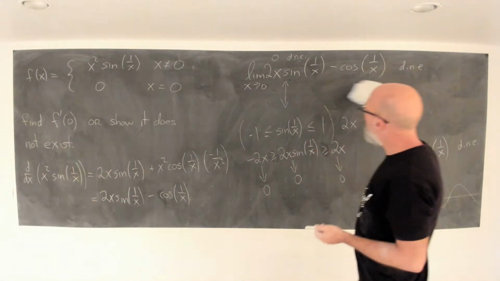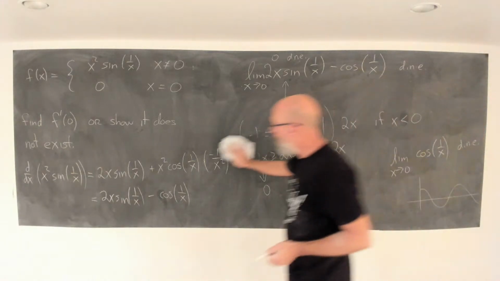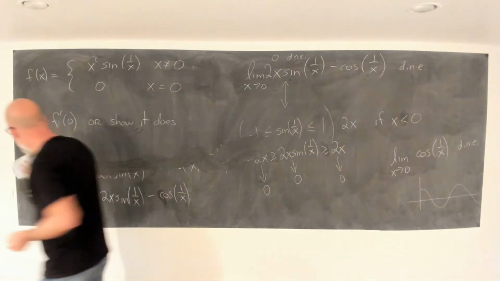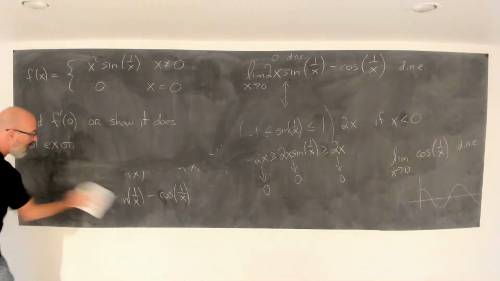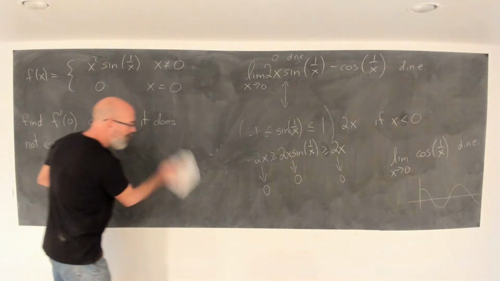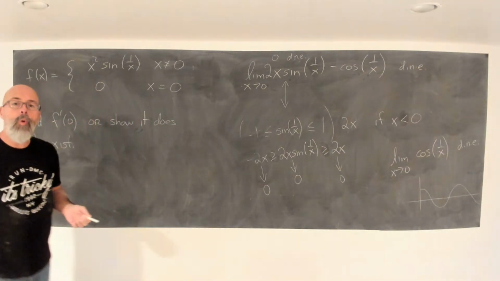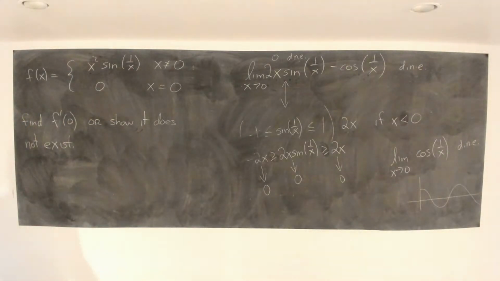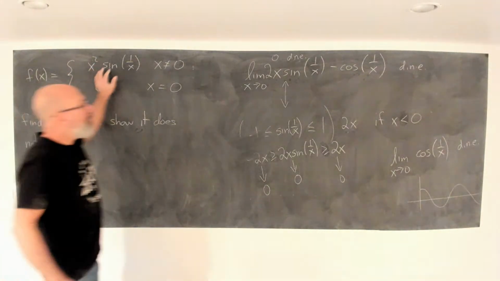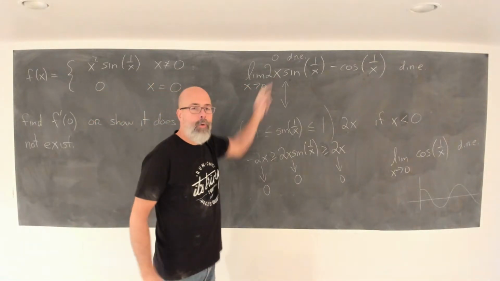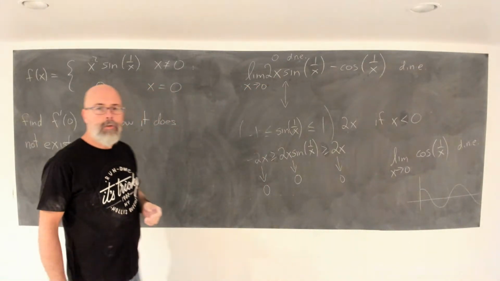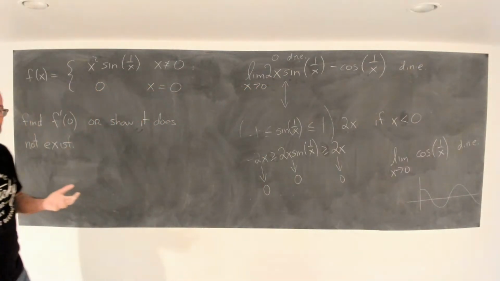All we're showing here, well, I don't even want to get into what we're showing. Why did I start by taking the derivative? Because that's what a lot of people want to do. A lot of people want to take the derivative and then take the limit of the derivative. And that's no good.